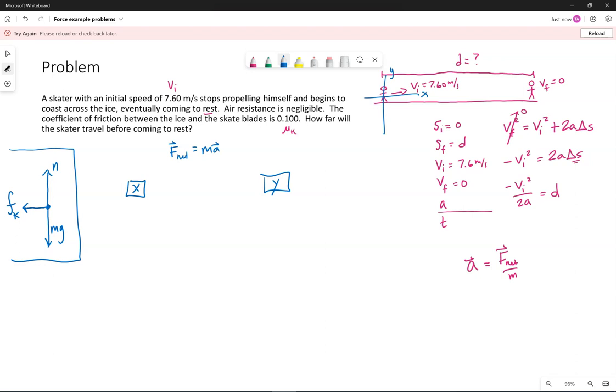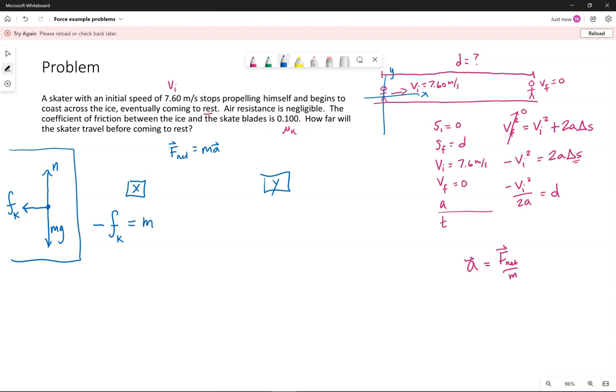It needs to be opposite the velocity to slow the ice skater down. I'm going to go ahead and call right positive x. So when I come back to my free body diagram, the only force in this case that's in the x direction is the force of friction. So I'm going to say negative force of friction, because that points to the left. Those are the only forces that I have in the x direction.